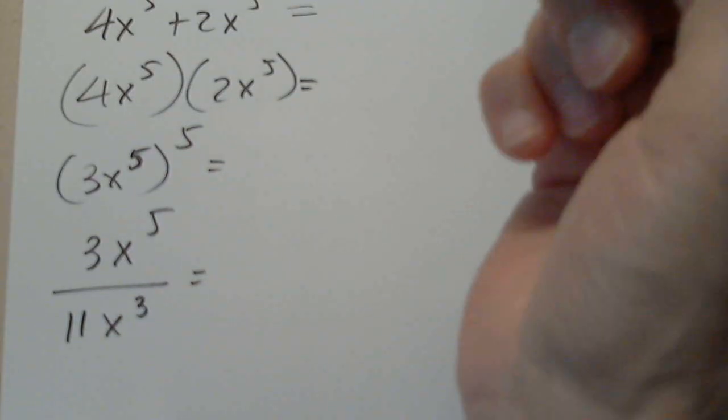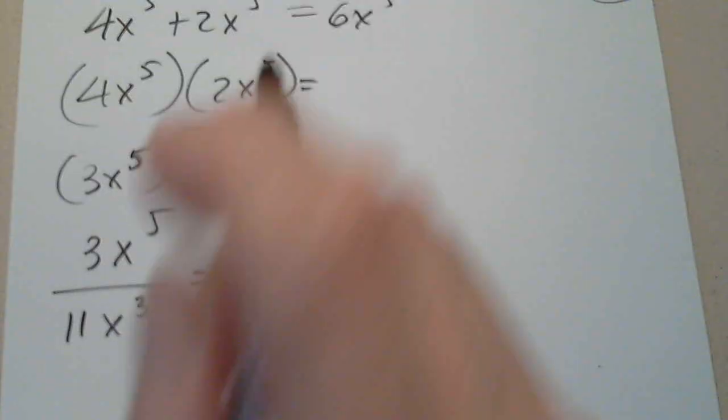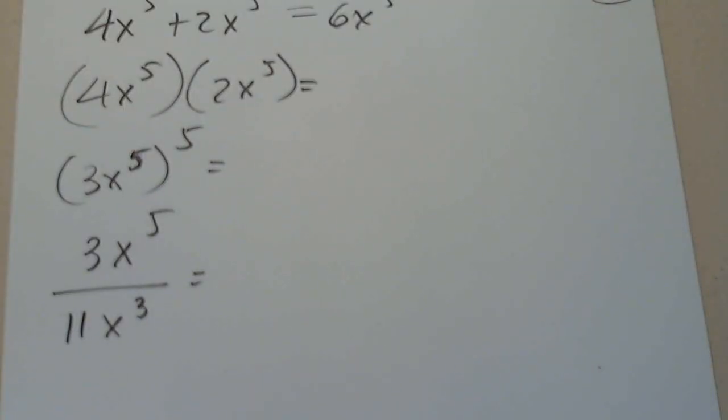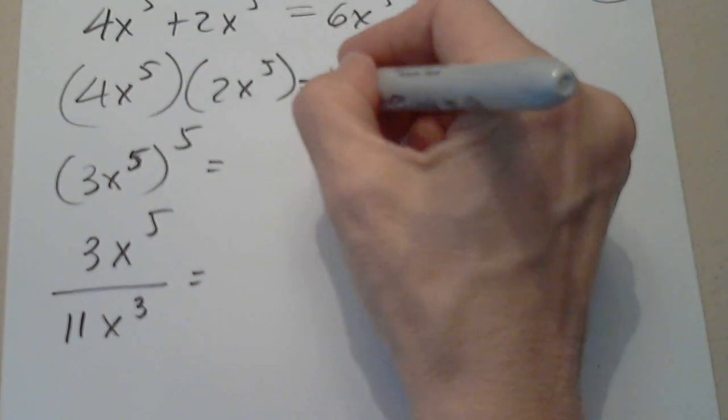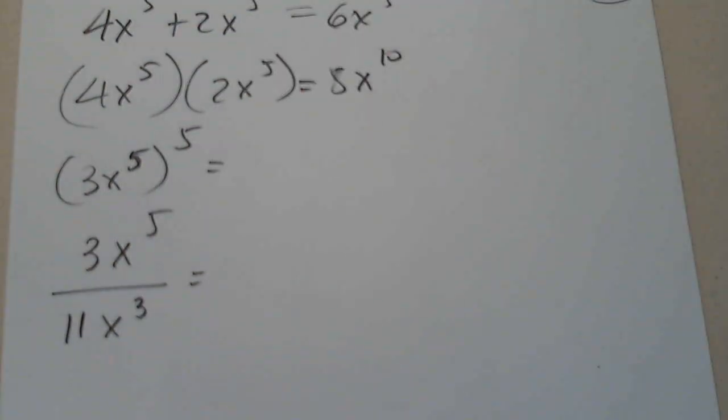Yes, 4 apples plus 2 apples is 6x to the 5th. Excellent. What do we get on the second one? 8x to the 10th? 8x to the 10th. Multiply the numbers, copy the base, and add the exponents. Very good.